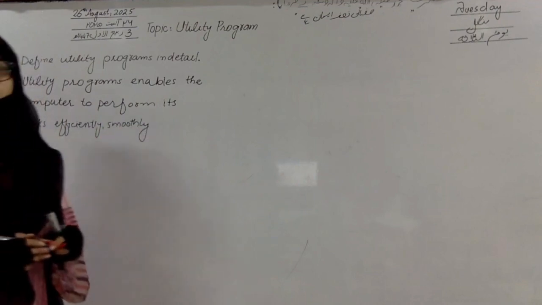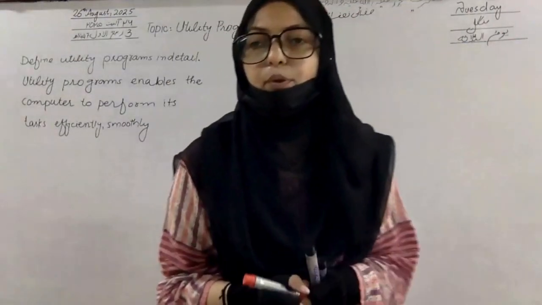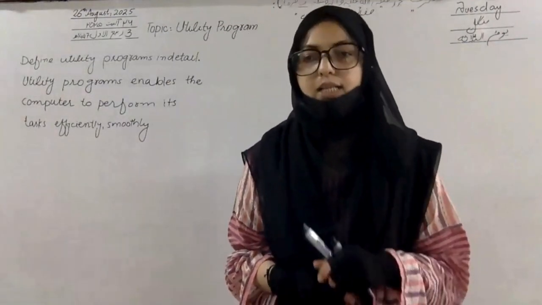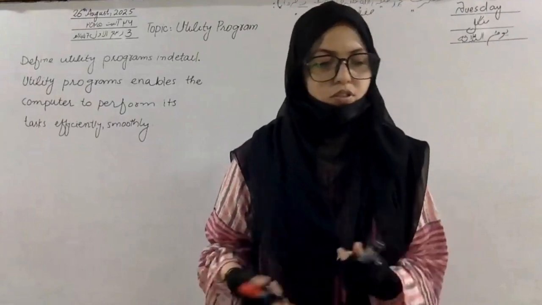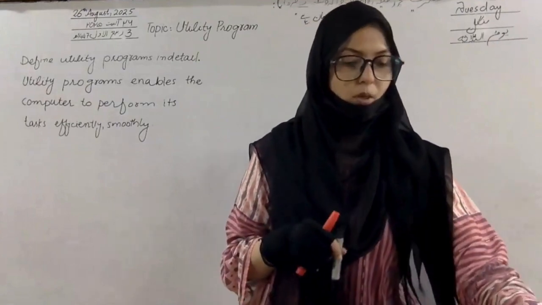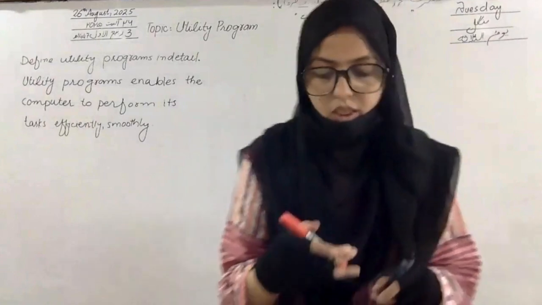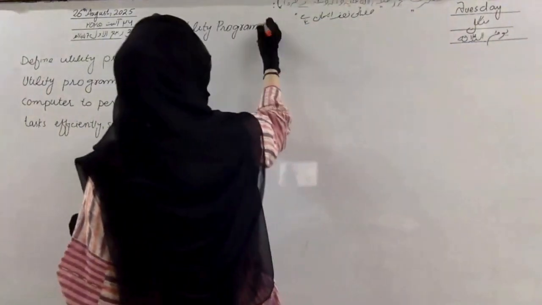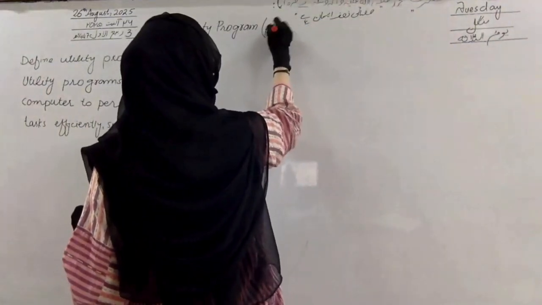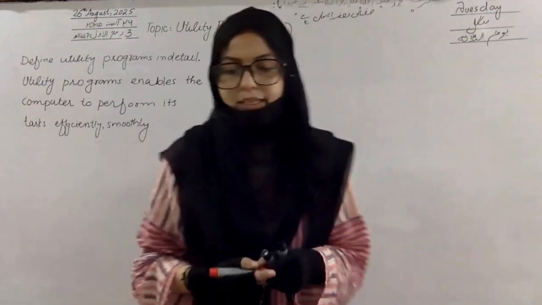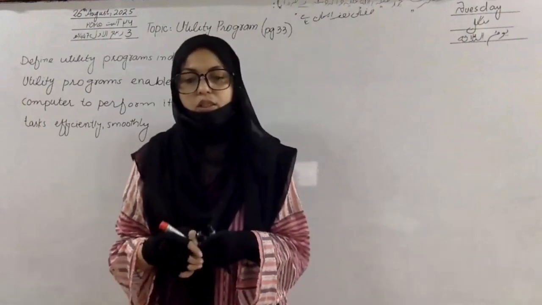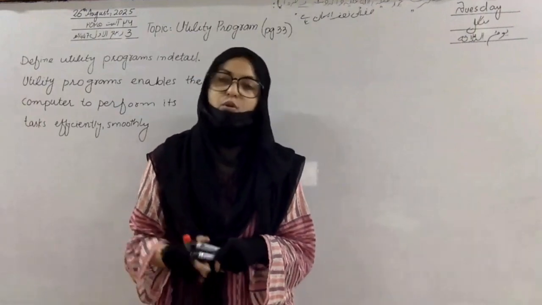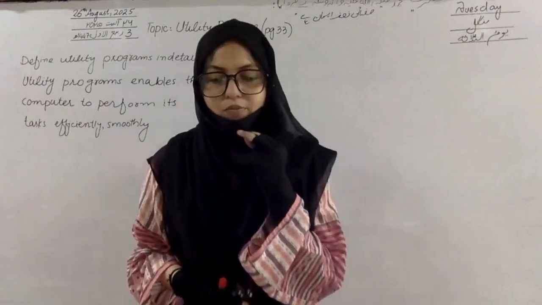So this is written in your book, page number 33. You guys can take help from the book as well. Okay, so what next? We are going to learn some new things about the utility programs.